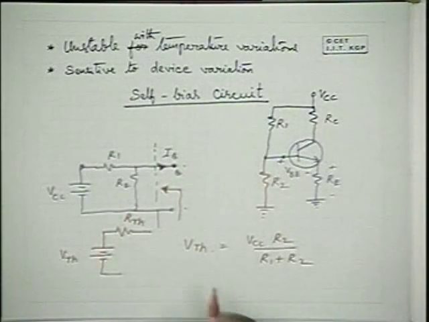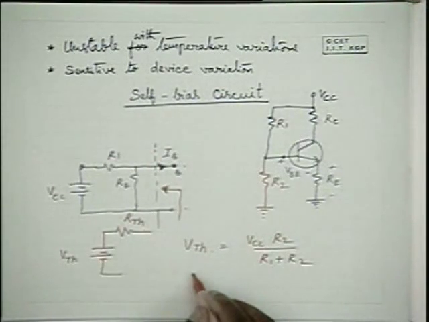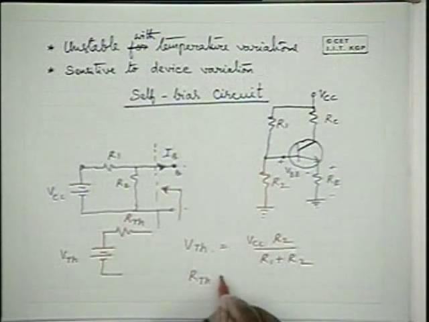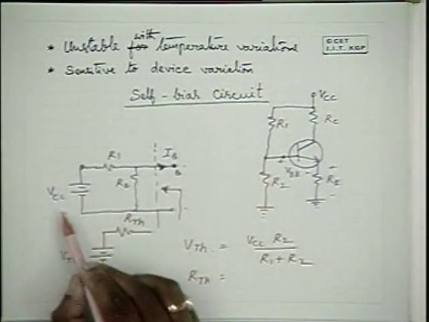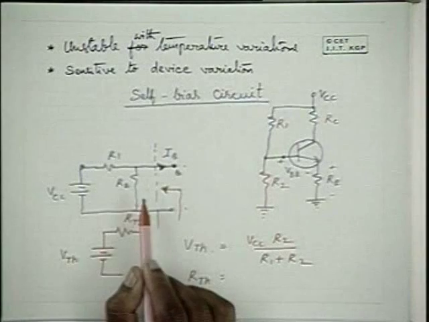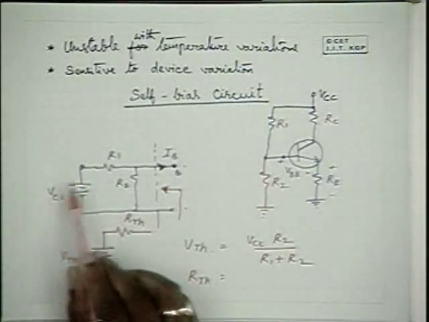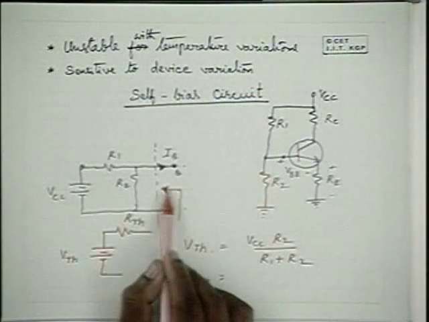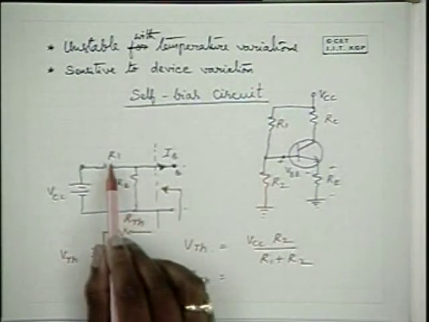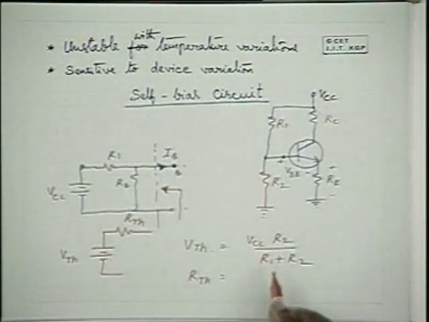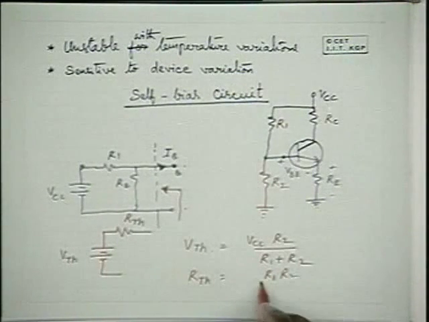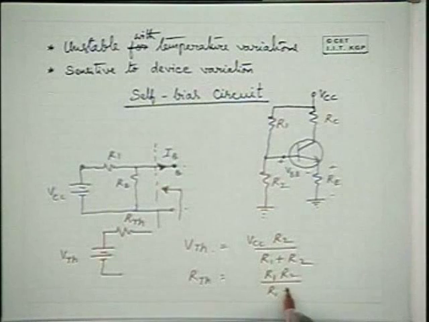And R Thevenin is the resistance looking into the terminals when the voltage source is replaced by a short circuit. Please note that then the resistance is a parallel combination of R1 and R2. Therefore, R Thevenin is equal to R1 R2 by R1 plus R2.